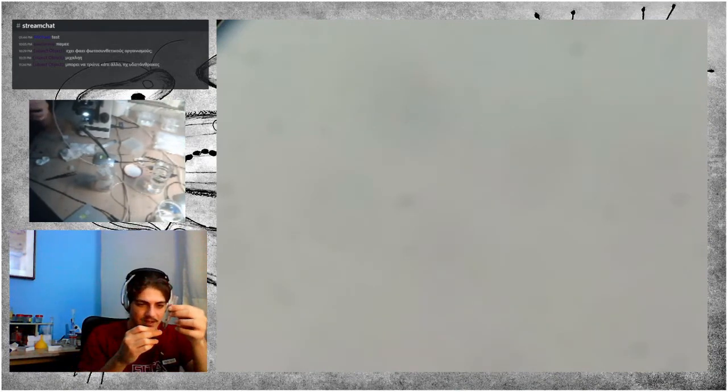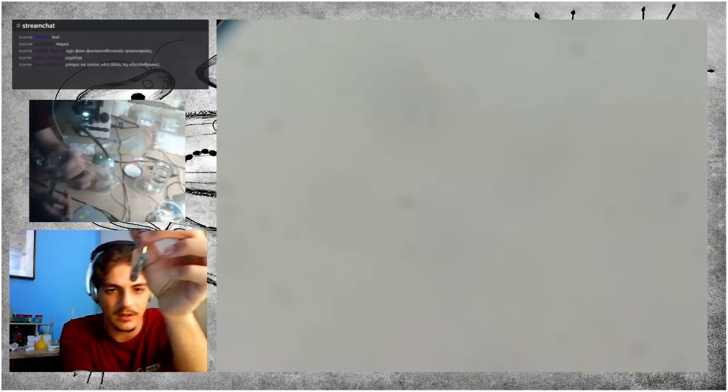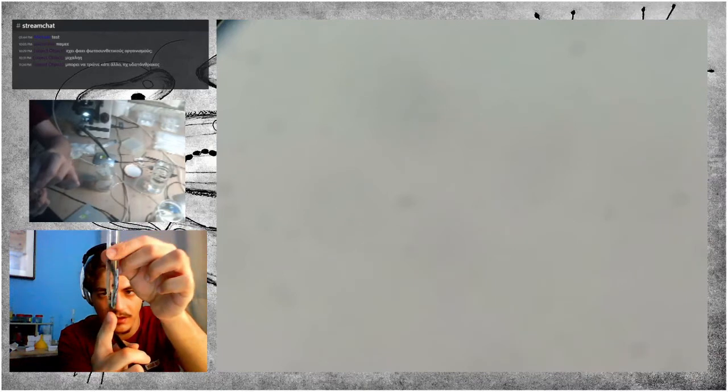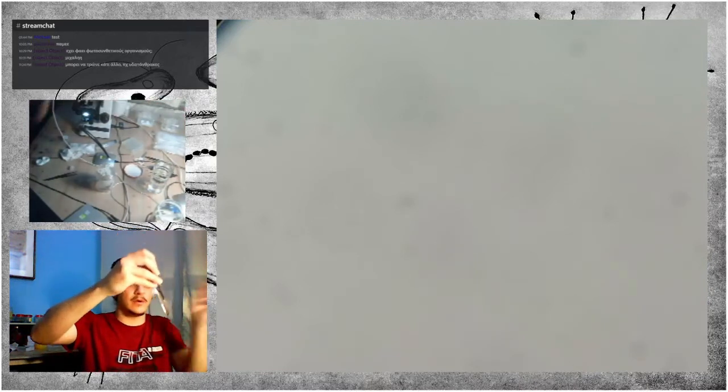So there is a bit of algae at the bottom, you can see, and that's what I want to take from. Let's change the lighting a bit. There we go, so I can see better. There we go. I just pulled some algae.